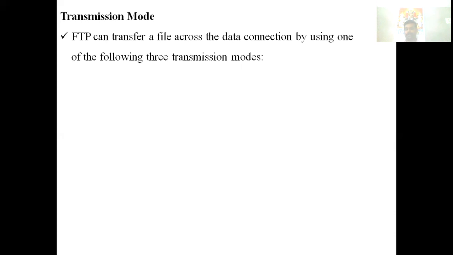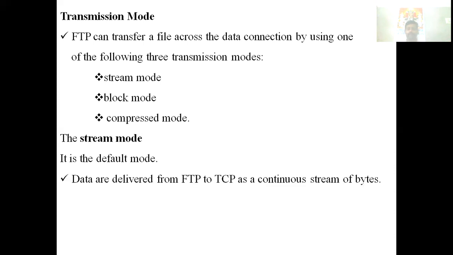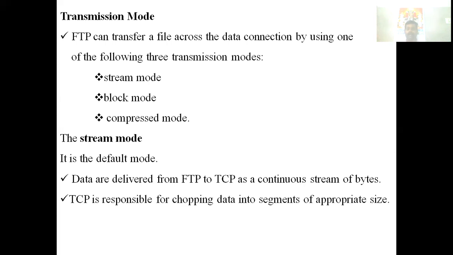Transmission mode. FTP can transfer a file across the data connection by using one of the following 3 transmission modes. 3 modes are there: stream mode, block mode, and compressed mode. In stream mode, which is the default mode, the data are delivered from FTP to TCP as a continuous stream of bytes.